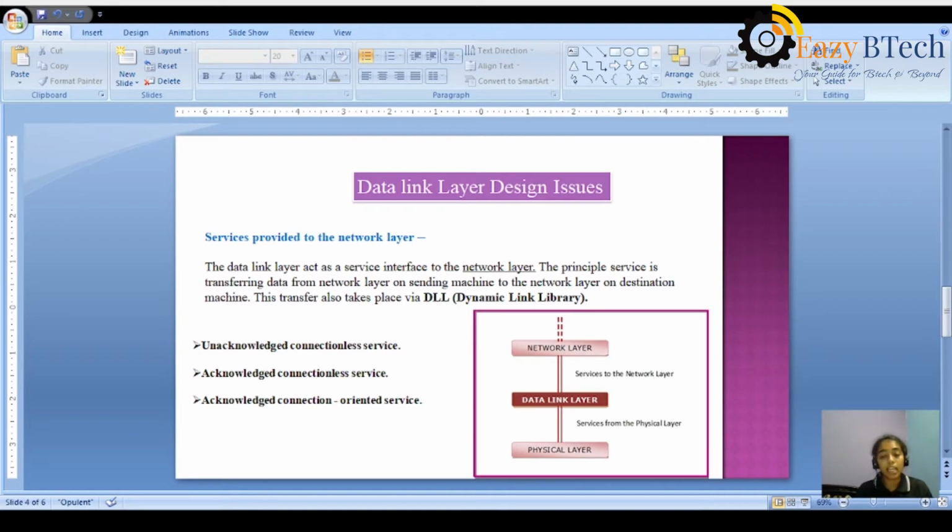The first 3 layers are responsible for the network and the remaining 4 layers are responsible for the host. Network means there is a device to device connection while sending the information from source to destination.